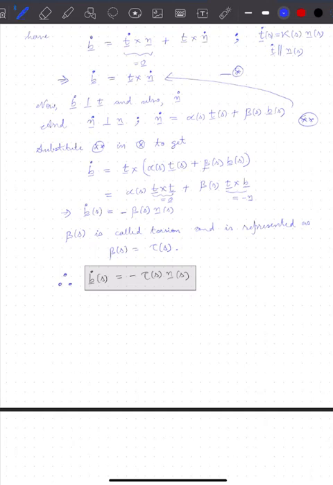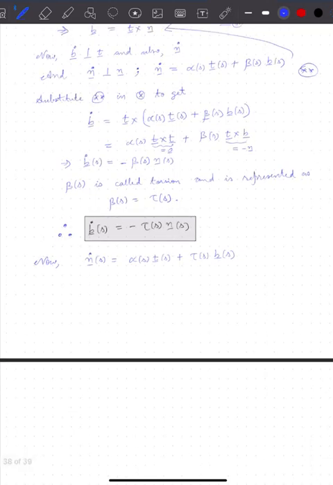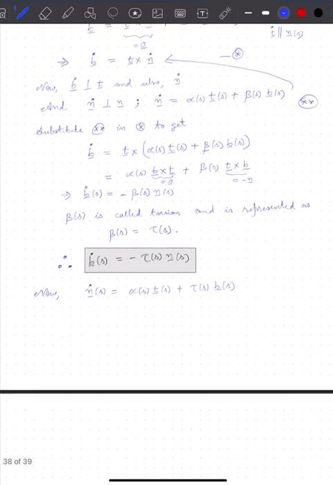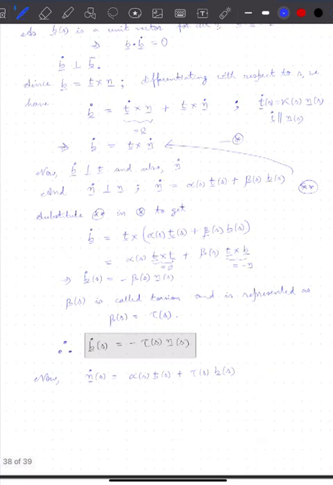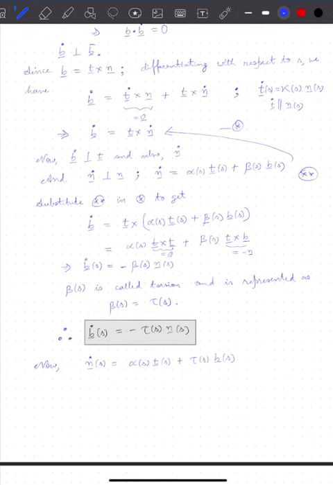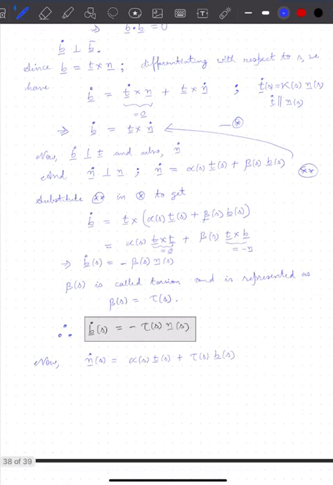Now what we would want is N vector dot of S is equal to alpha of S T of S plus beta, which is now tau, so tau of S. So let's take the expression that we had.